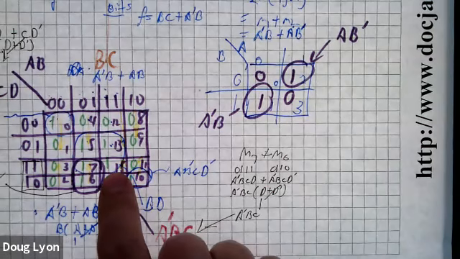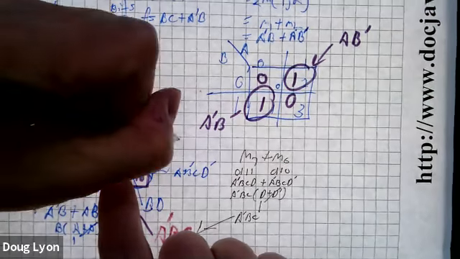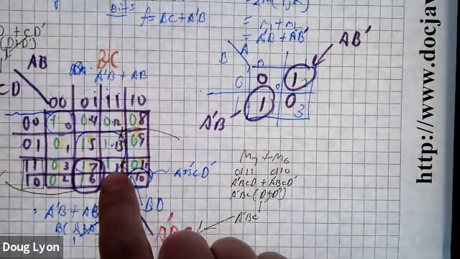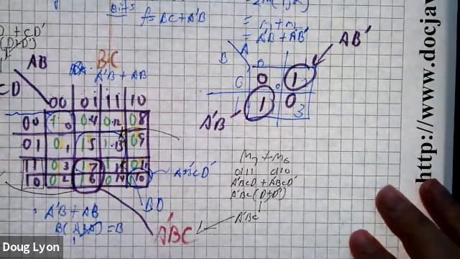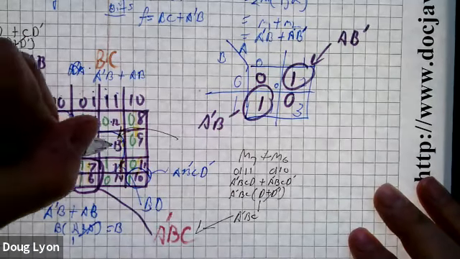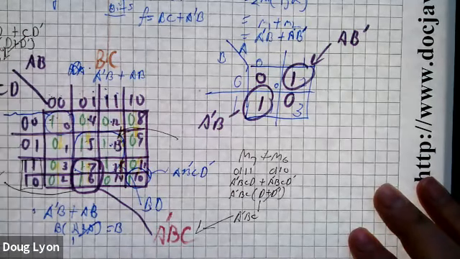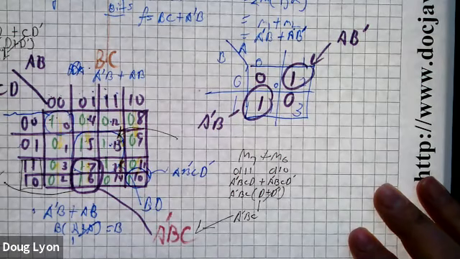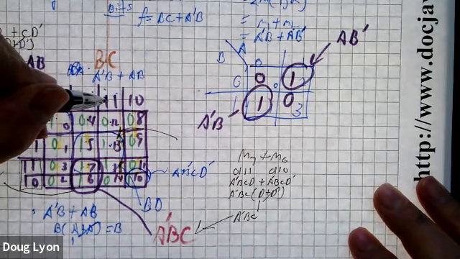Let's take a look at this center loop in here. Now we're looping 4 elements at a time: 5, 13, 7, and 15. Said it wrong. So now we take a look at it and we say, B is constant, but A is changing, so it gets factored out.